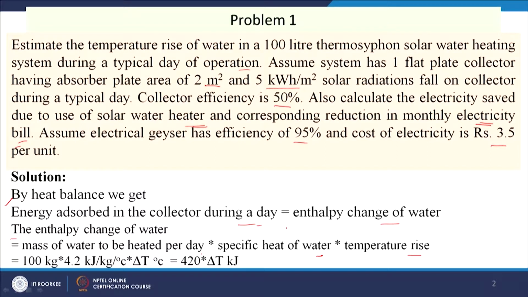In our case we have a 100 liter thermosiphon solar water heating system. 100 liter is equivalent to 100 kg, since the density of water is 1 kg per liter, and the specific heat of water is 4.2 kilojoule per kg per degree centigrade, and the temperature rise in this case is del T degree C. So, we are getting 420 into del T. The temperature rise is what we have to calculate.